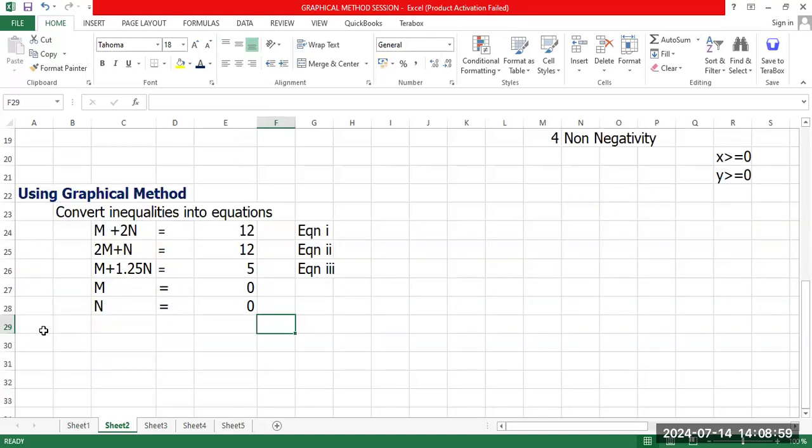Then once you do that, solve each equation separately. As you solve, what are you interested in? You're trying to get points to plot on each equation. What are the points you should plot on each equation?